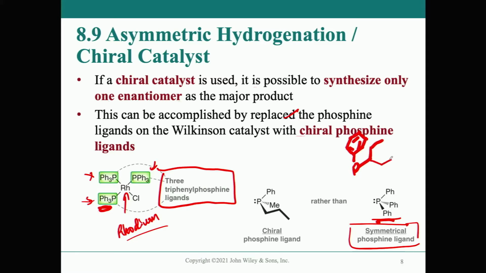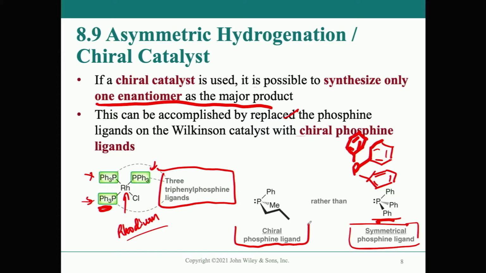So you can imagine how big that is, right? But the thing about it is that it is symmetrical, and you can use it as the catalyst in your hydrogenation reaction. But if you want to do a synthesis in which only 1 enantiomer is the major product, then you use a phosphine compound that's chiral.